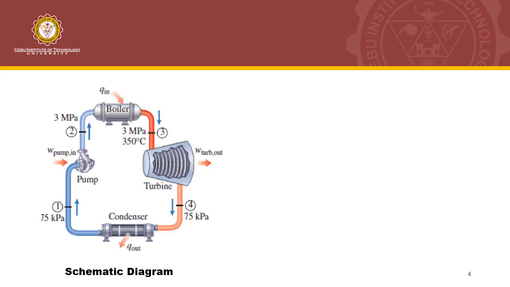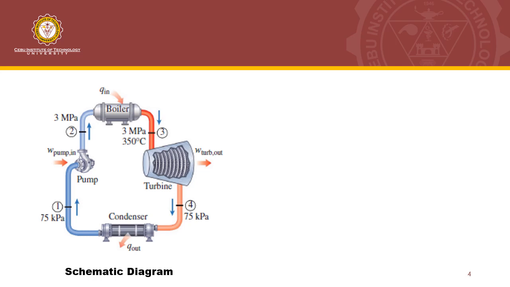The condensing pressure is the same at the inlet and the outlet of the condenser. Thus, at the inlet of the condenser, which is point 4, the pressure is 75 kilopascal. The same is true at the outlet, point 1, which is also 75 kilopascal.